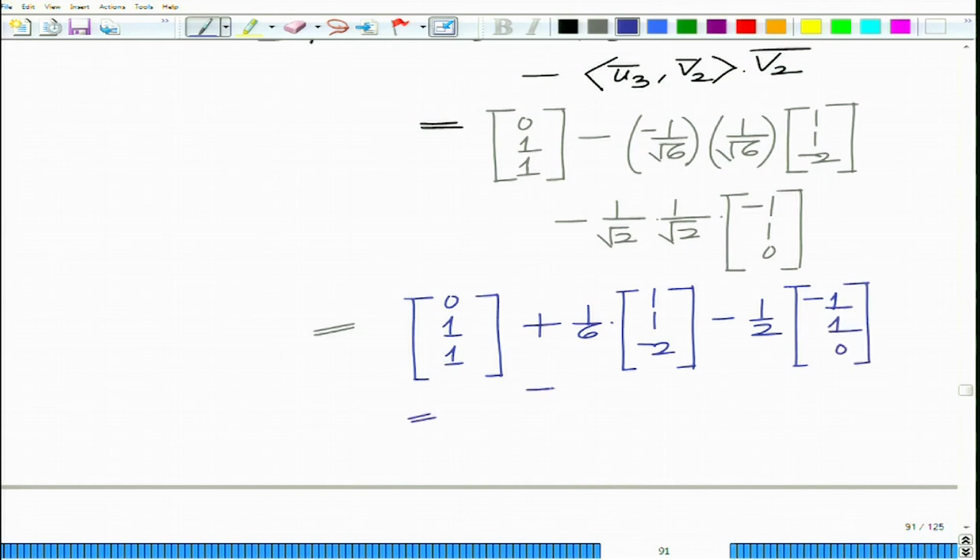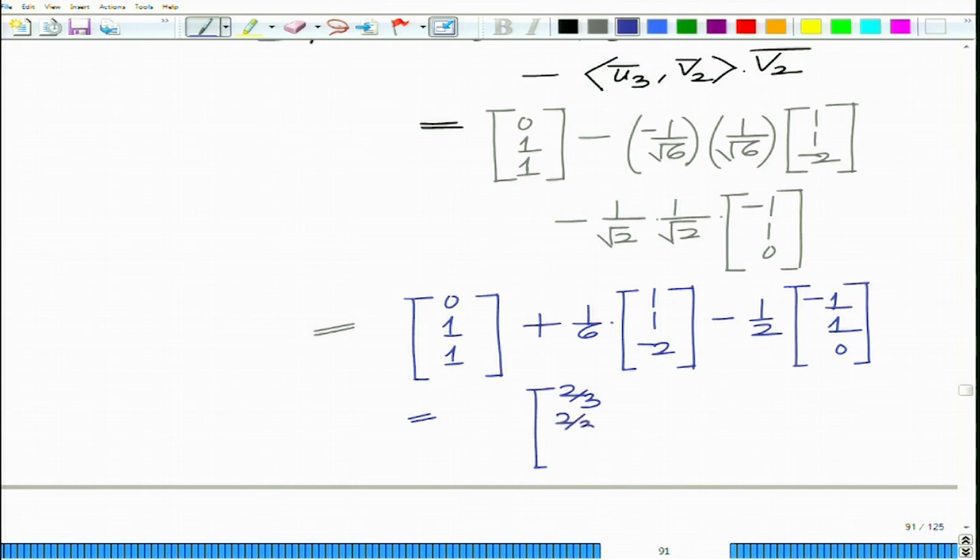So, this will be 0 plus 1 by 6. If you look at this, 0 plus 1 by 6, that is half. So, half plus 1 by 6, that is 4 by 6. So, this will be 2 by 3.